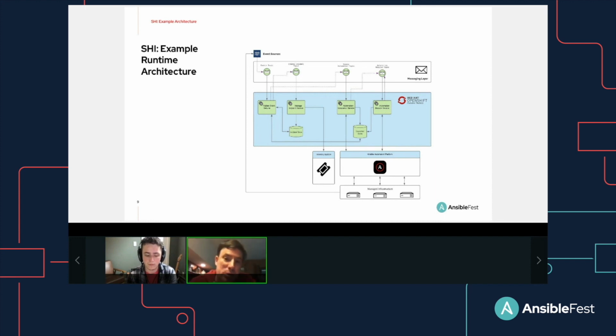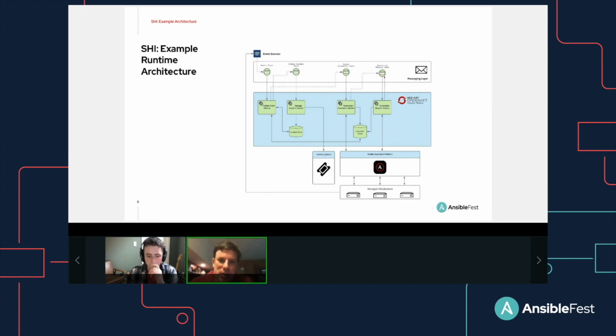You have the runtime architecture, which is the piece that is actually responding to events in real time. It takes in the events and ultimately decides whether to send them on to Ansible for remediation or not. And then the second piece is a management interface. That's the piece that allows people to control the rules that ultimately determine which playbooks are run based on events.